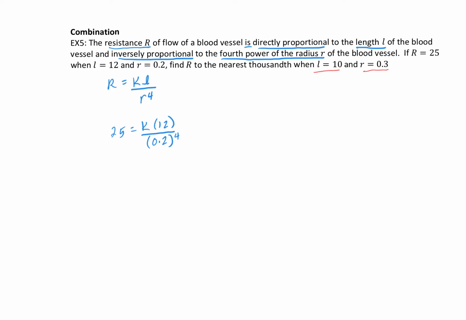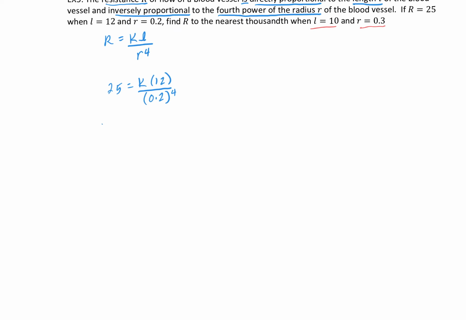Solving for K, I would multiply both sides by the 0.2 to the fourth and then divide by 12. And then when we put this in our calculator, I get 0.00333 repeating forever.